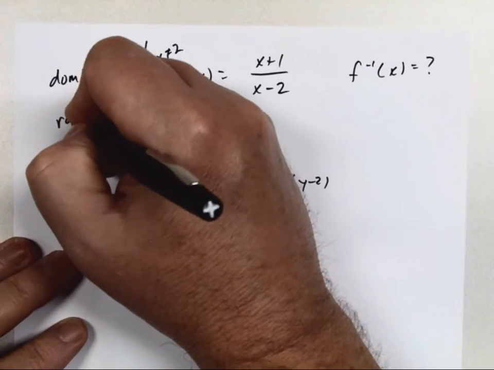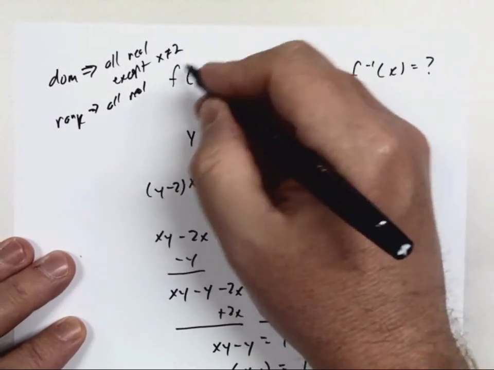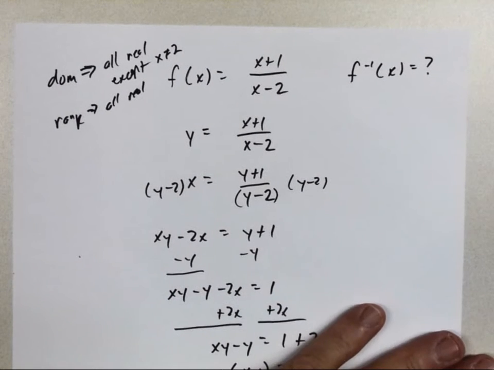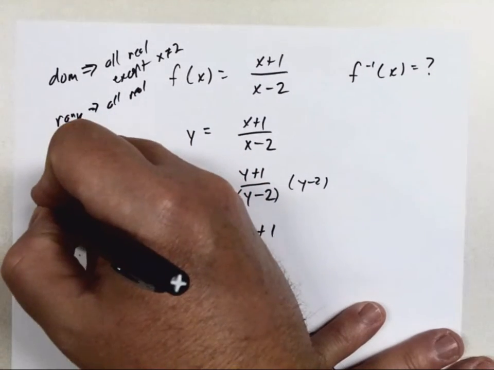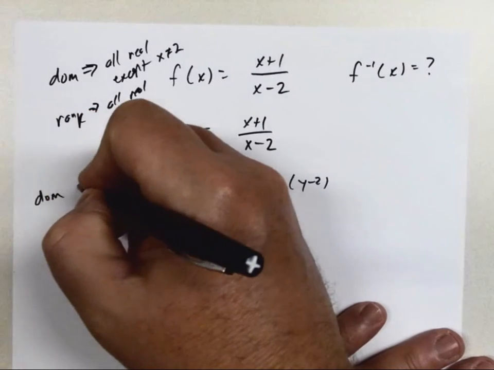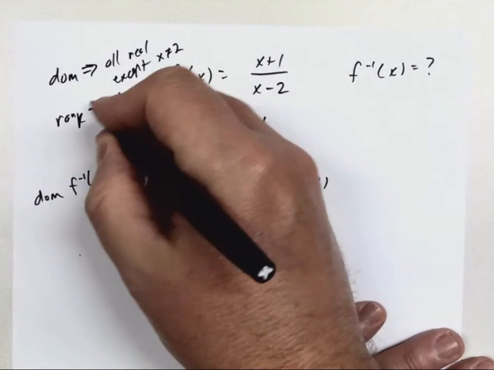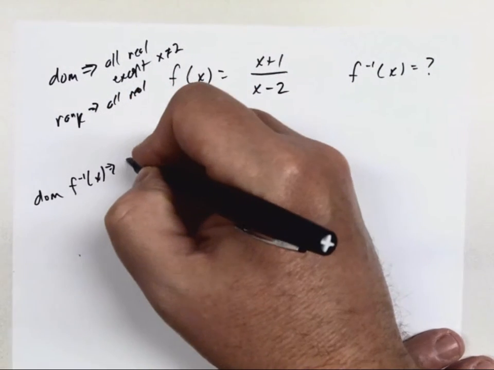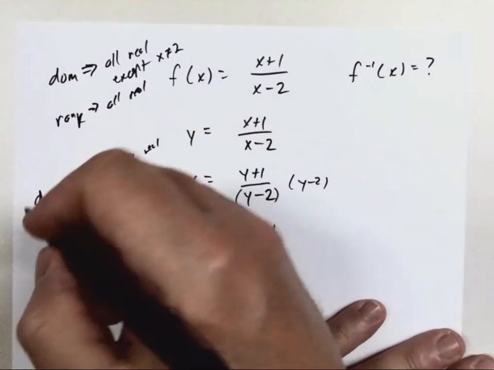Turns out the range is just all real. There's no limitation. Now, without even doing the inverse, the principle says the domain of the inverse should be the range of the function. Should be all real. Now, I'm going to see if it looks like it checks out.